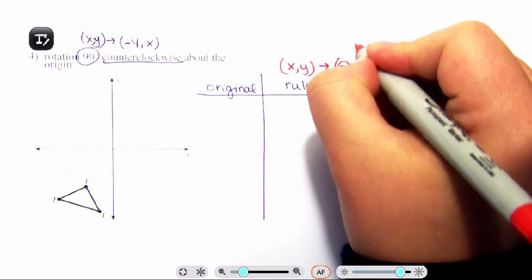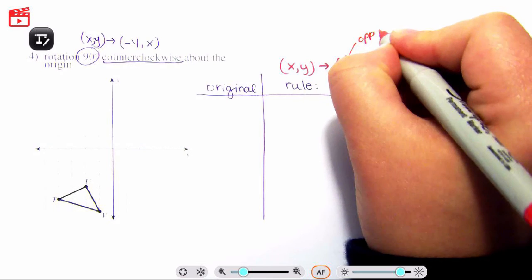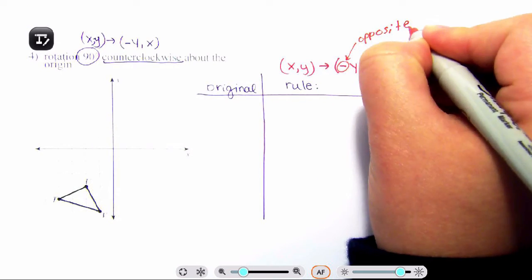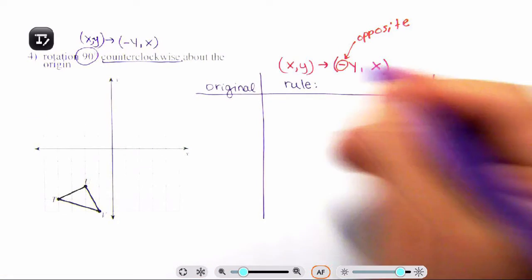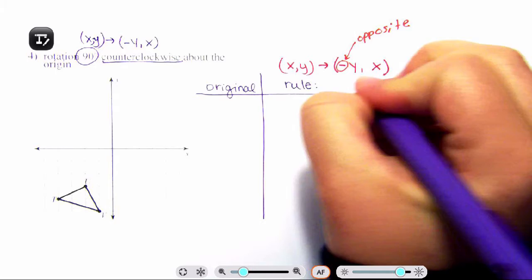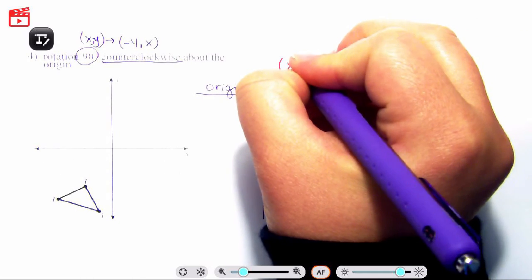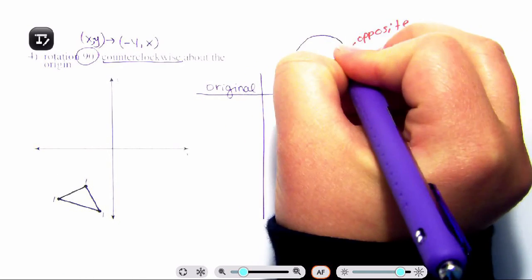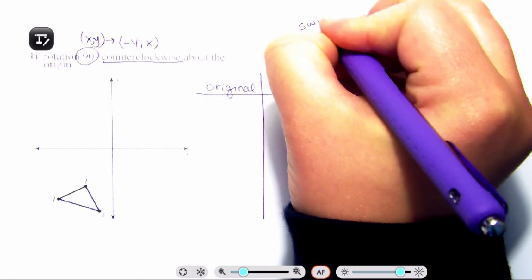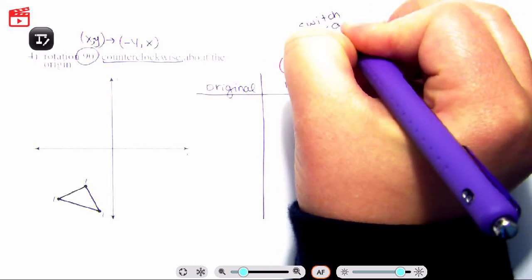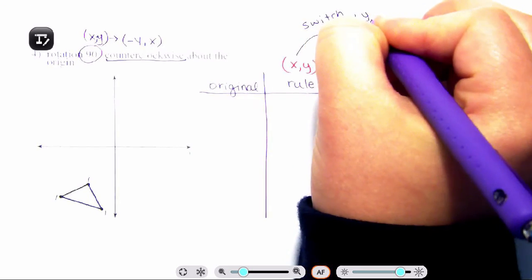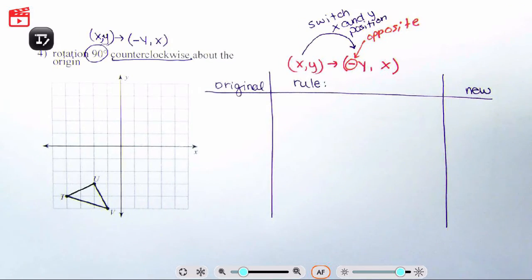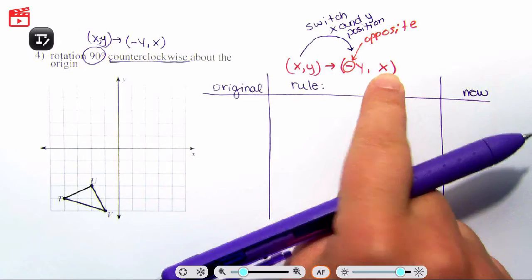So that means I have an opposite y. So what happens with the rule? If you look at the rule, it looks like the x and the y switch position. So that means that going from your original point to your new point, you're going to switch your x and y position. The x and the y switch places, so you're going to switch the number.